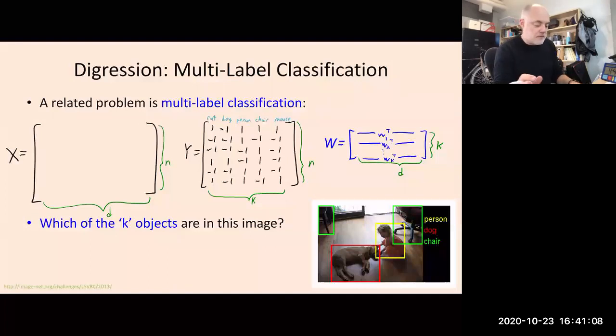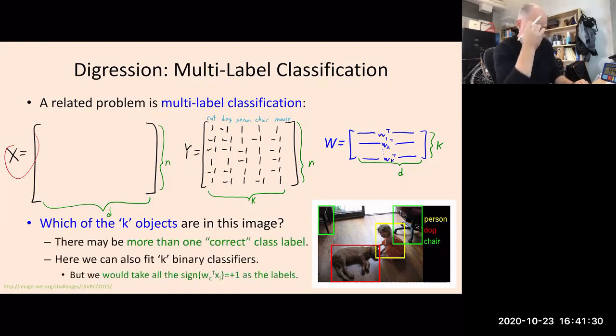As a little digression, what we're talking about when we're doing multi-class is different than multi-label classification. Okay. So you can have multi-label classification problems as well. Don't do this for midterm either, please. Where you have your data matrix and actually you have multiple labels for your input feature matrix, right?